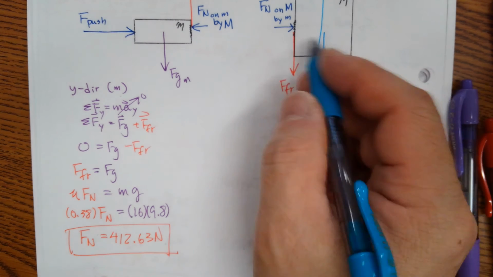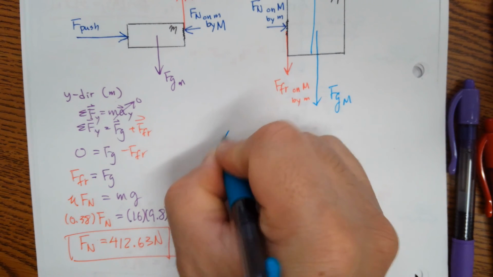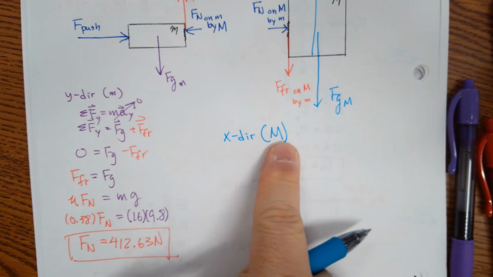So once I get that F normal, let's take a look at the direction for the motion for this, okay? So x direction for my big M, right?